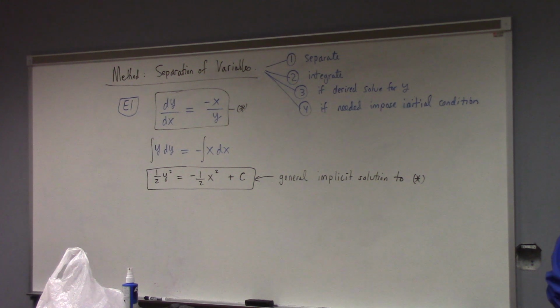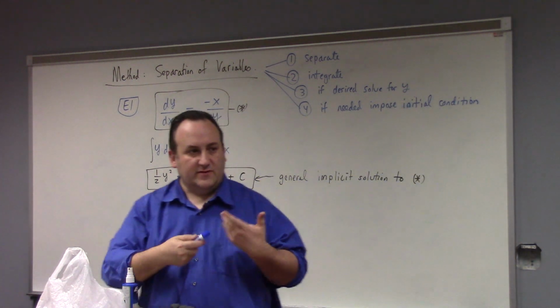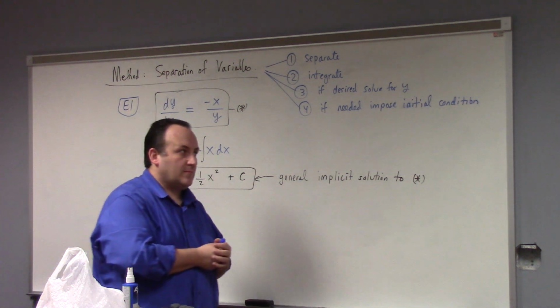All right. Now this is entirely equivalent to saying the solution curve goes through x naught comma y naught. x naught and y naught are arbitrary, but given numbers, okay, for this problem.